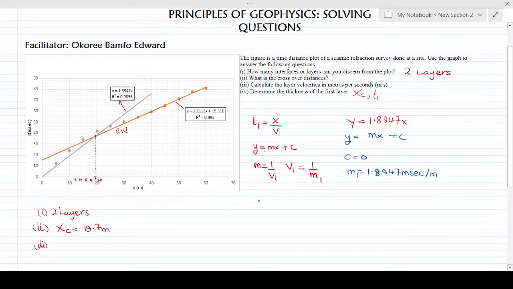If we want to find the velocity of the direct wave in the first layer, it is simply 1 over the gradient M1. So V1 is equal to 1 over 1.8947 times 10 to the power negative 3.